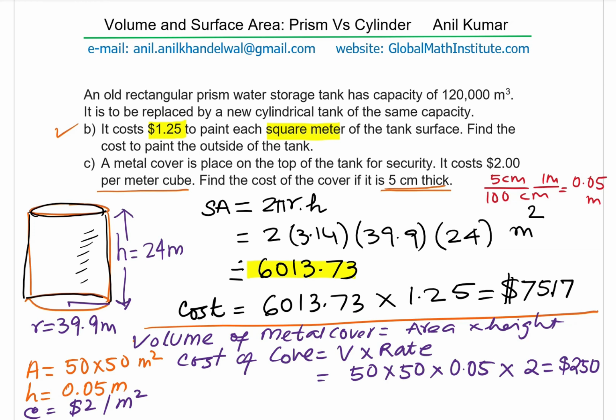And then we multiplied all of them to get our answer, right? So approximately when you do 2 times 0.5, you get 0.1. Is that clear to you? So we get both the costs here, the cost for the paint and the cost for the cover, which is $250.